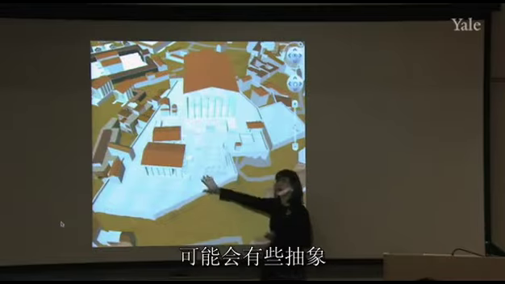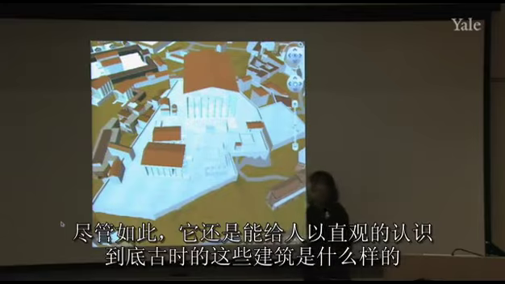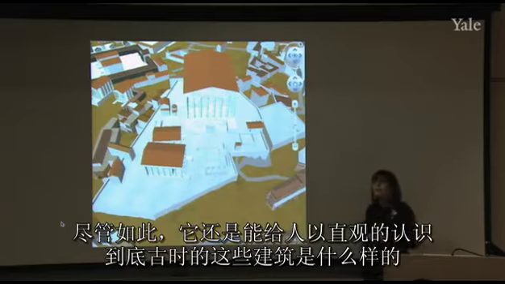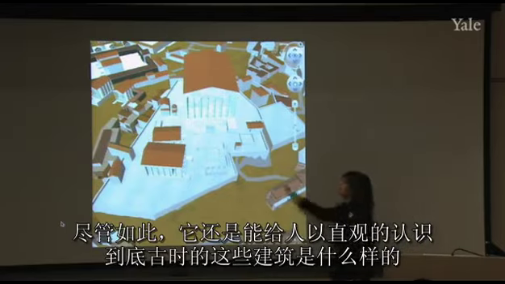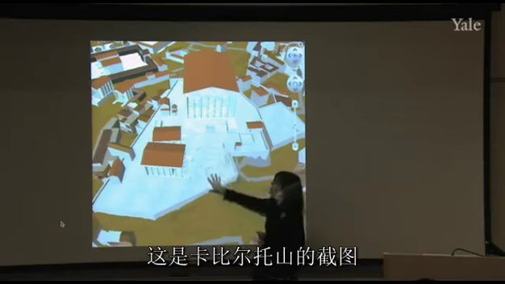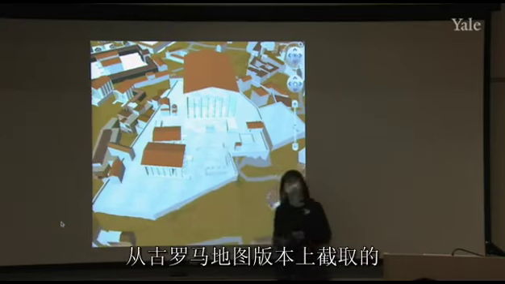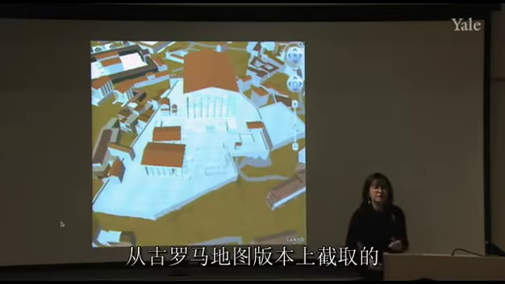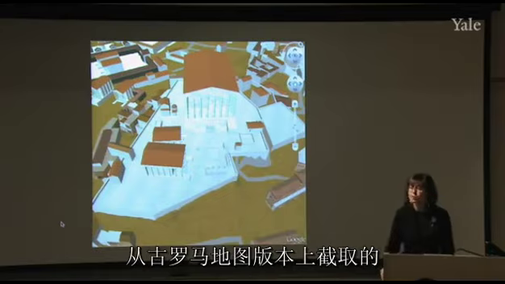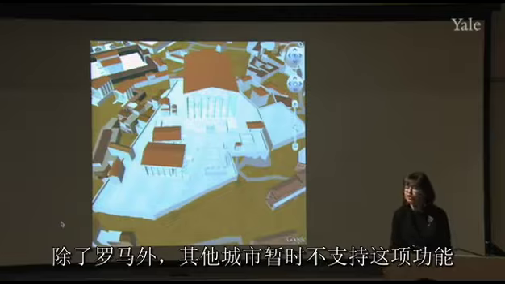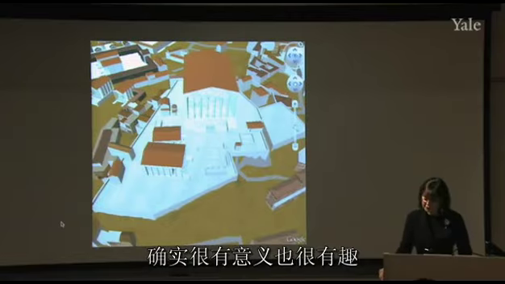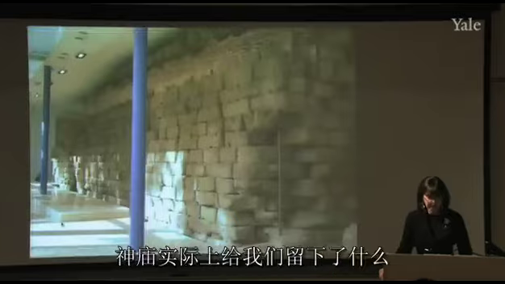And I just wanted you, it's much more abstract, but nonetheless it gives you a sense of what many of these buildings looked like in ancient Roman times. And this is a screenshot of the Capitoline Hill as it appears in the Google Ancient Rome version of Rome. You can't do this for the other cities at this juncture, just for the city of Rome, but it's great fun to do and also very informative.